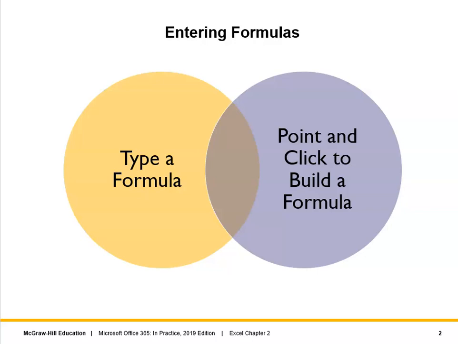The second way to enter a formula, and I think is the easiest way, is the point and click method. Instead of typing the cell address each time, you can use the mouse to point and click the cell to automatically enter its address into the formula.